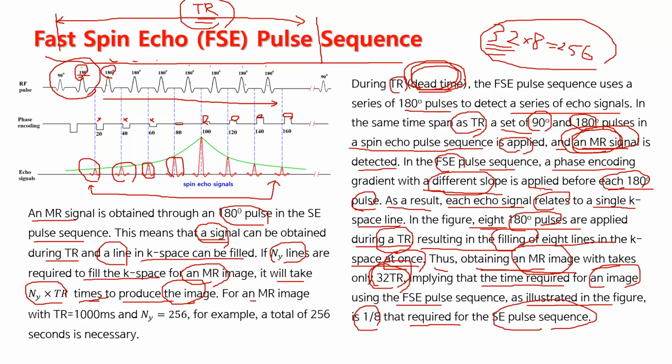So for an MR image with TR equal to 10,000 milliseconds and NY equal to 256, for example, we need 256 seconds for an image. This is for the spin echo sequence.